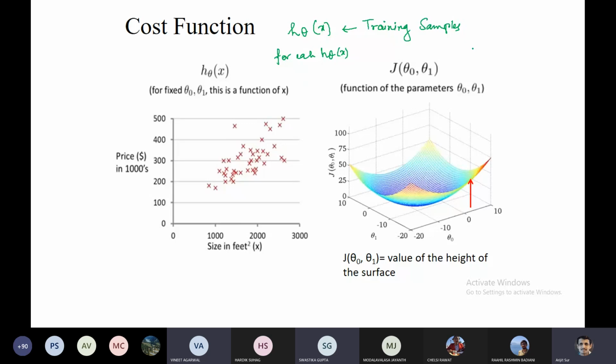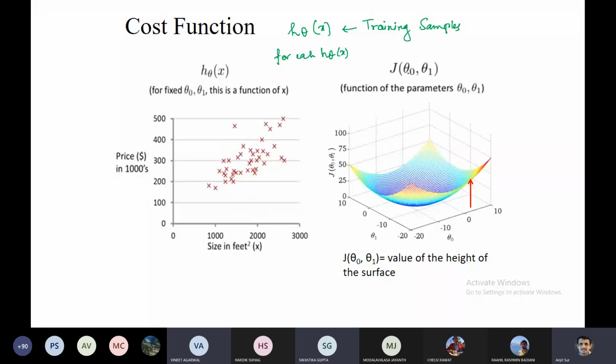So if I plot this J of theta 0, theta 1, for different theta 0, theta 1, then this is basically an error surface. What is an error surface?